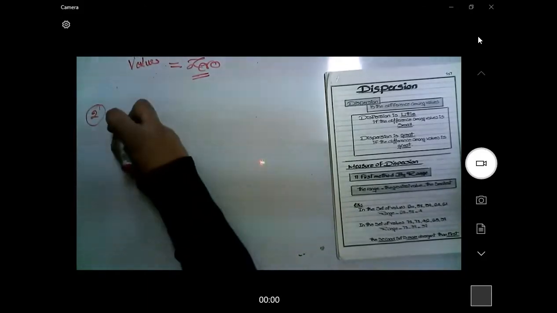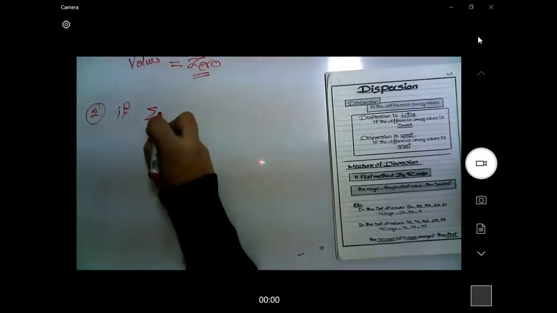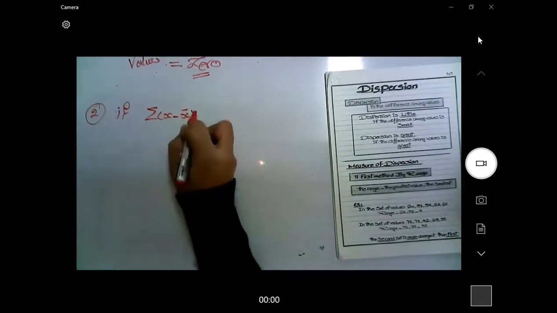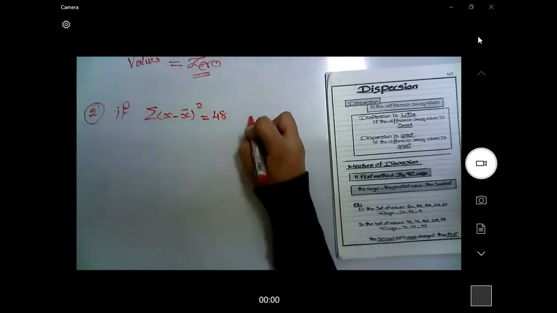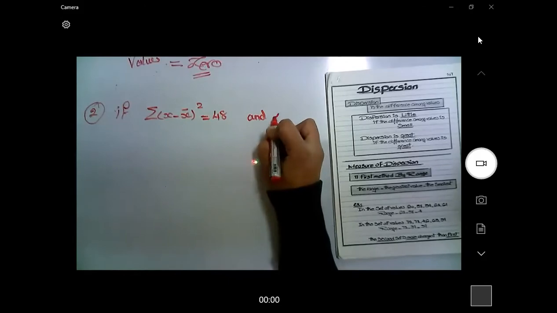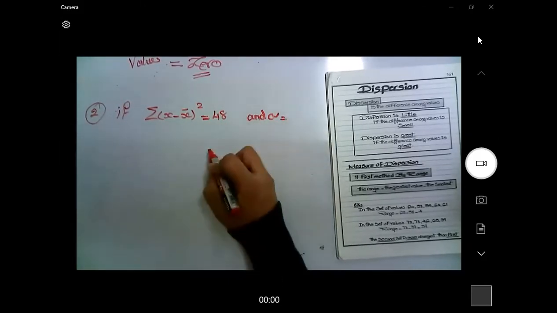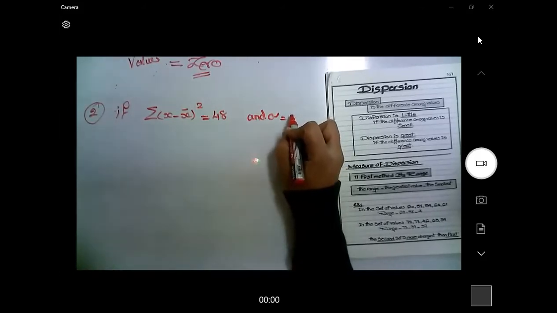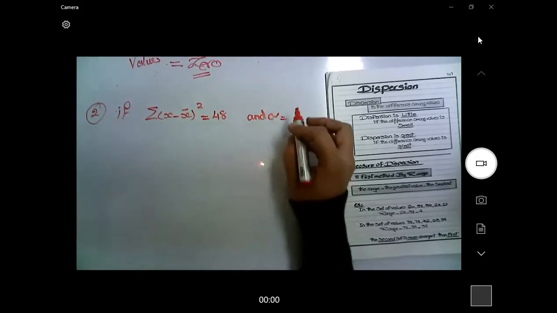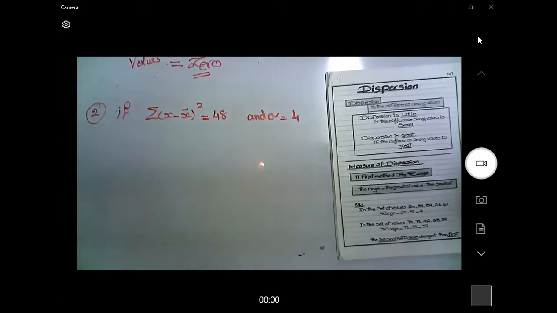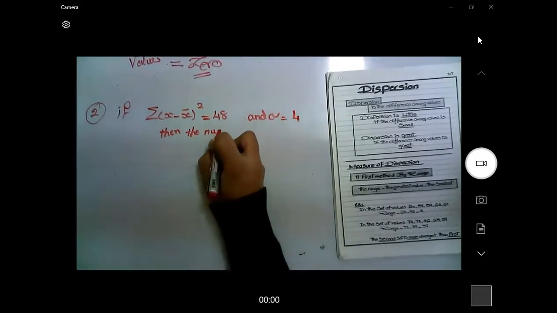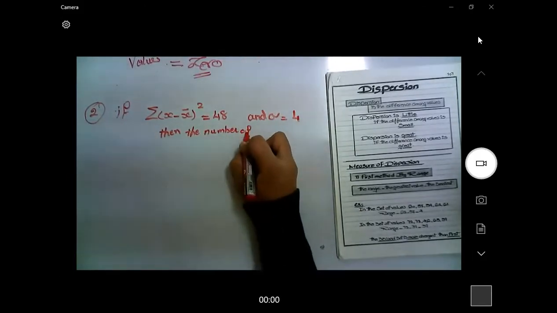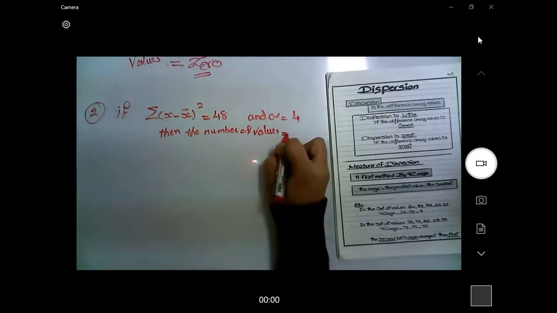We have another question. If the summation of (x minus x dash) all to the power 2 equals 48, and sigma equals 4, then the number of values equals what?